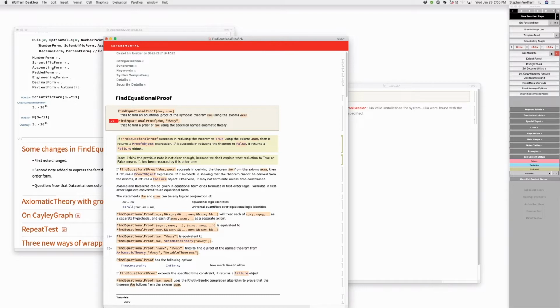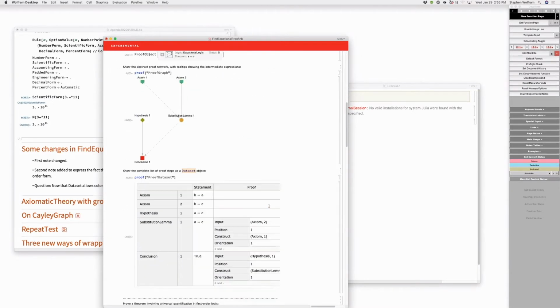Any of our Boolean operators: implies, equivalent, and, or, XOR. Okay, equational logic, so universal quantifiers over equational logic identities. But what is the general form that we support now?